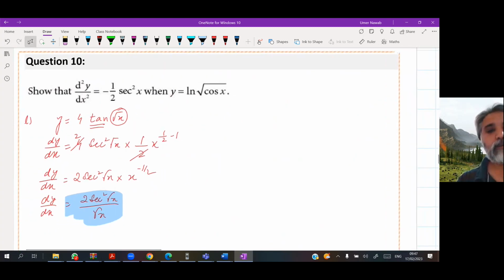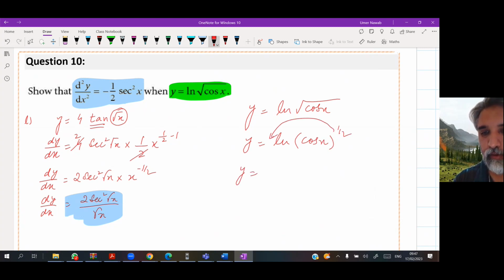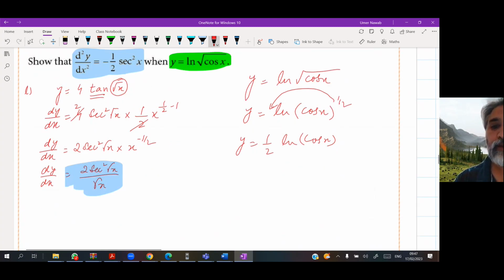Now, show that the second derivative is this thing. I have this expression. y is equals to ln of square root of cosine of x. First, may I use the power property of log? Yes. So half goes back, ln of cosine of x.